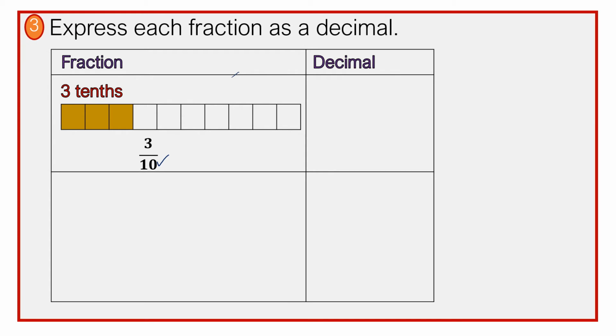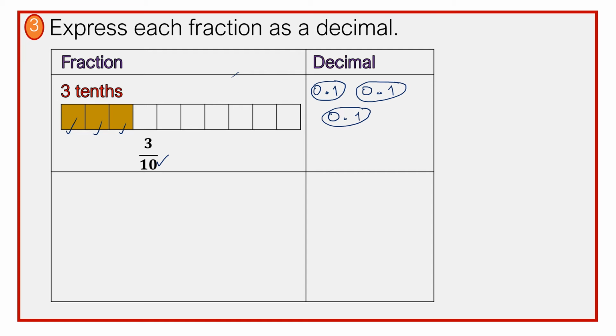So as a decimal, this will be 1/10, which is 0.1. Another 1/10, we get 0.1, and another 1/10, which is 0.1.